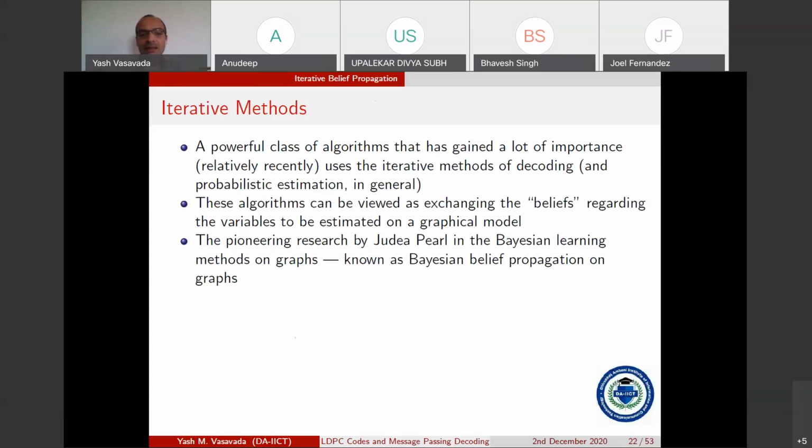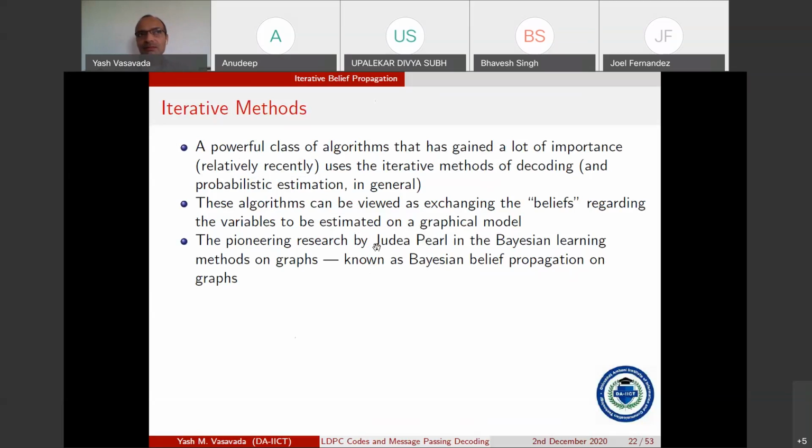And that message passing algorithm or belief propagation algorithm is an iterative algorithm. In fact, it got realized by multiple different inventors. Gallagher is credited as being the original inventor of this belief propagation algorithm.